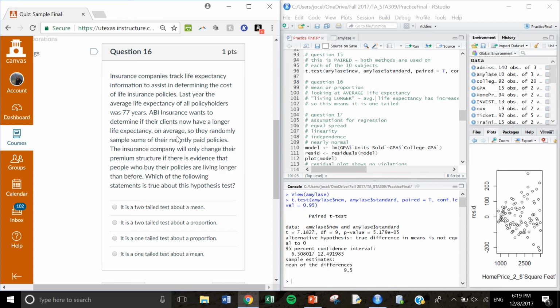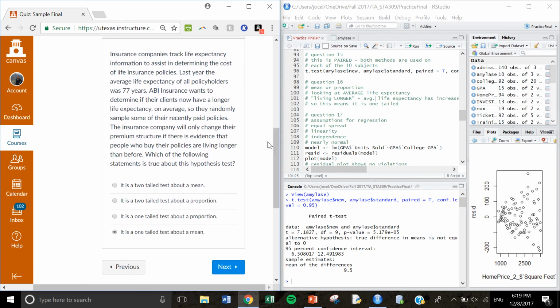And we're trying to see if people are living longer. So that is what makes it one-tailed. If it said if the average life expectancy has changed, then it would be a two-tailed test. But because we're only seeing if people are living longer, if the mean is greater, that's what makes it one-tailed.